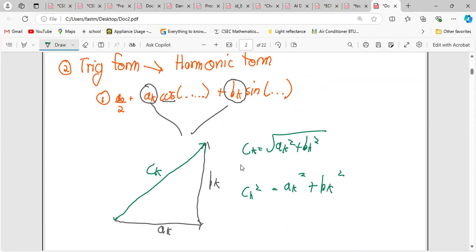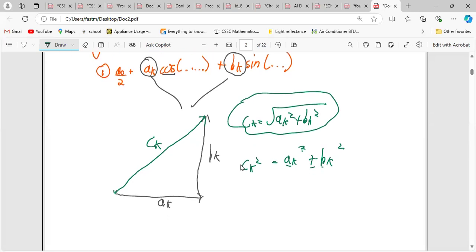So all they did is make CK the subject of the formula, and that is where they end up with this. The hypotenuse is the square root of the sum of the squares of the other two sides, which are AK and BK. So that's the first thing you have to know.